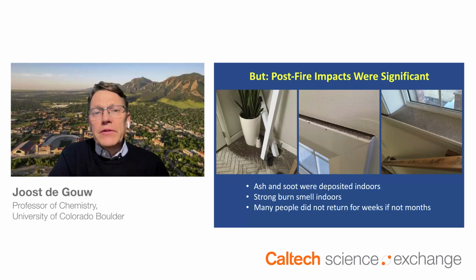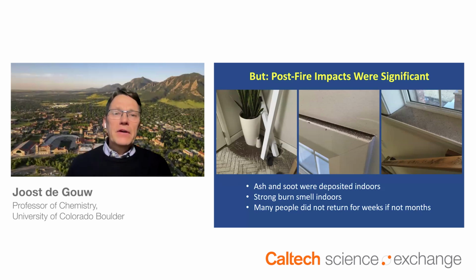The picture on the right, for instance, is a windowsill on the second floor of the home, and that window doesn't even open, and still there is a very thick covering of soot on the windowsill. Also, people reported strong burn smell indoors.